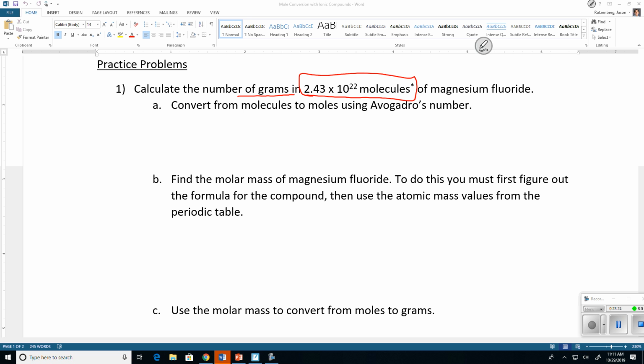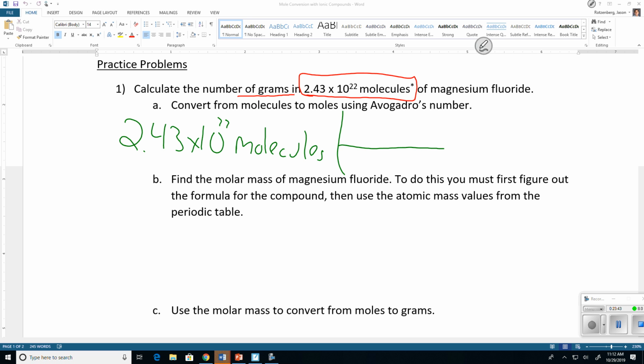First thing I'm going to do is just like what you would do if you were given atoms. You're going to convert from atoms, or molecules in this case, into moles. So 2.43 times 10 to the 22nd molecules, and I'm going to convert to moles using Avogadro's number. By the way, Avogadro's number is going to be given to you today for the test.